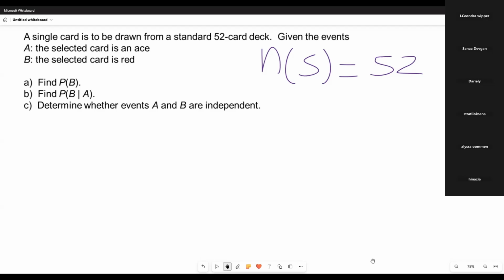So we talked about cards before, right? So the sample space here, we got 52 cards. So the number of outcomes is just 52. They give you two events. A, the card is an ace, okay?